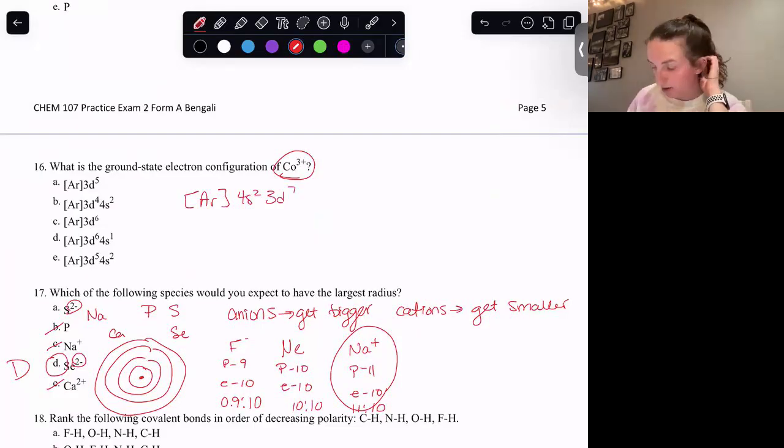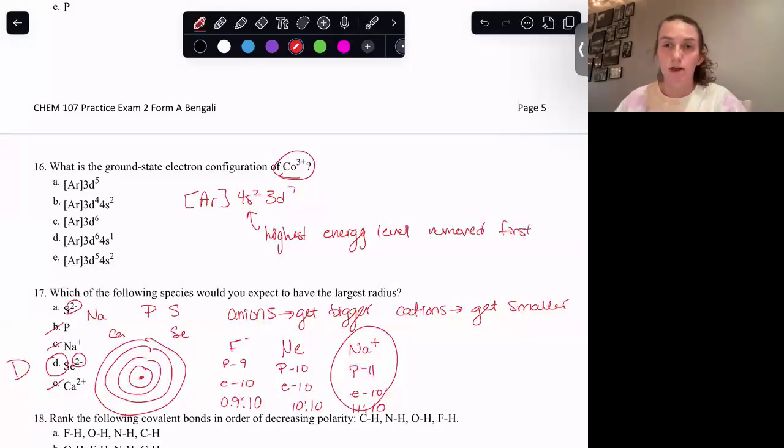When you are taking away electrons or making them an ion for a transition metal, you want to take away from your highest energy level first. So if you were to arrange this in terms of increasing numbers, then this would be argon 3d7 4s2.